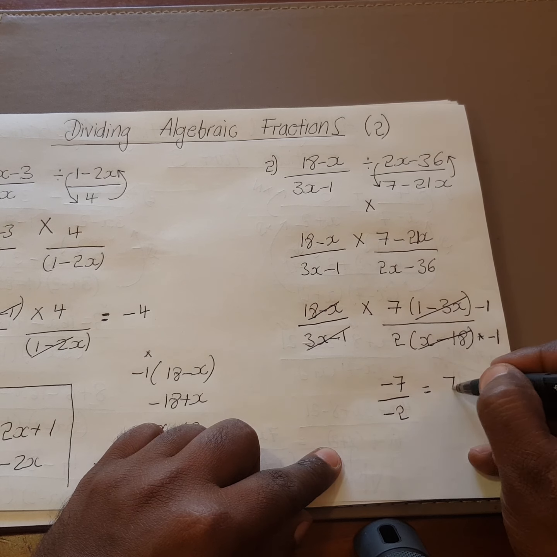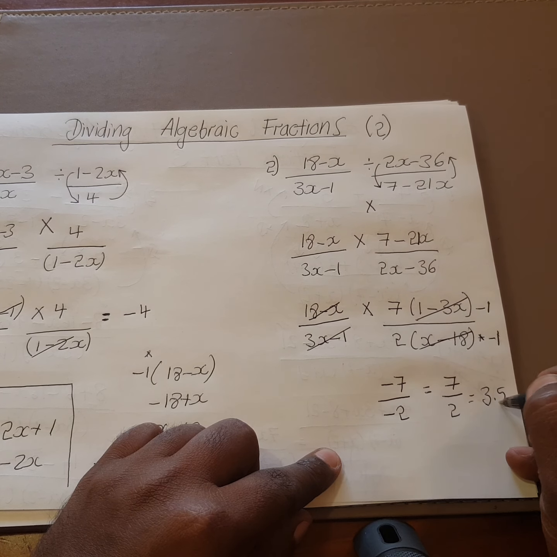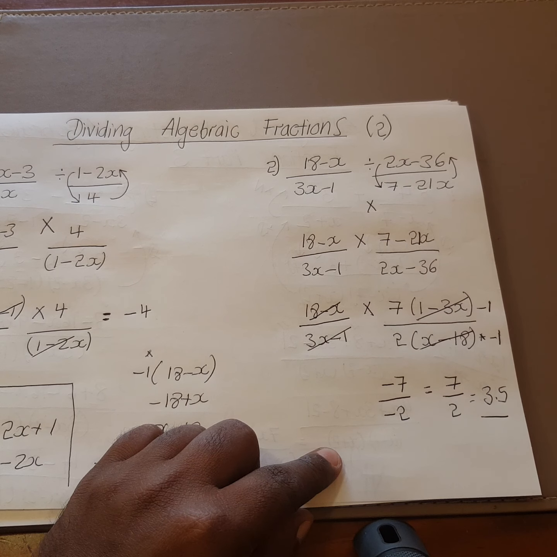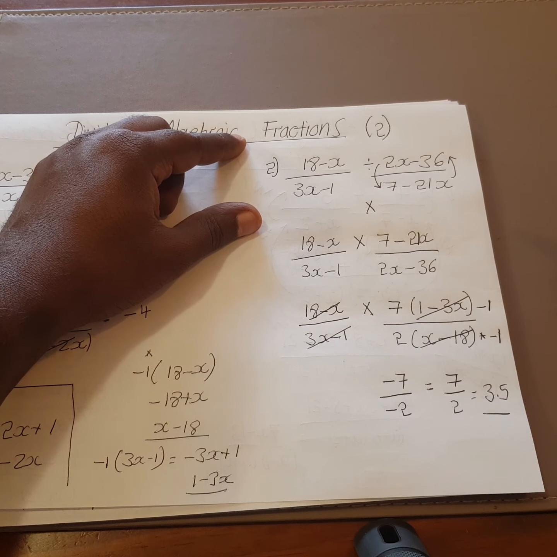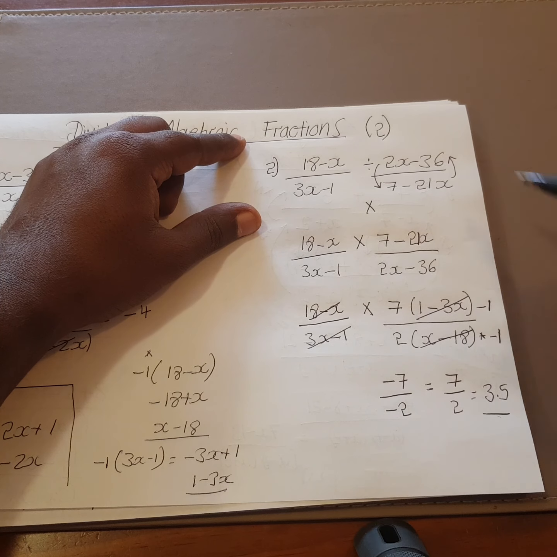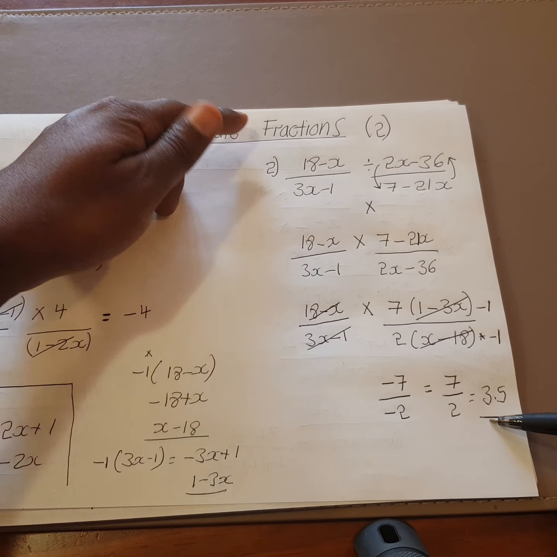So my final answer is 7 over 2, or 3.5. All right. So you can see how something was complex, you get really overwhelmed and think, oh, I don't think I'm going to get this answer right. And then eventually you get 3.5. Something that looked seemingly complex resulted in a simple answer, a number which is 3.5.